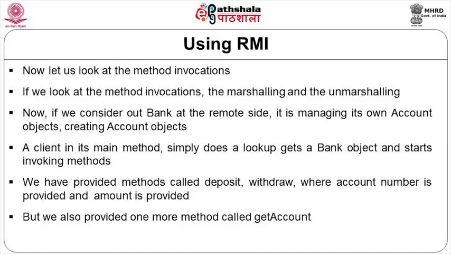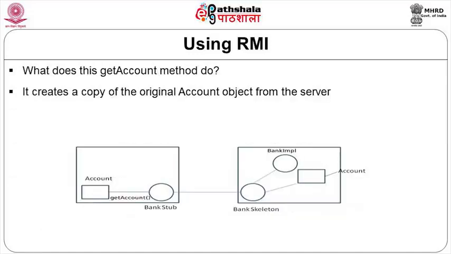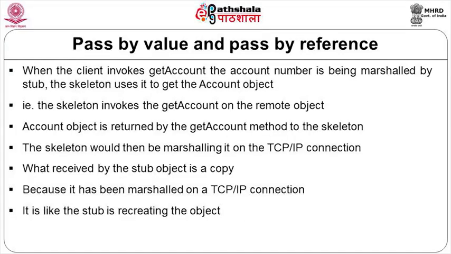Now what would happen here? What does this getAccount method do? If I use the getAccount method, giving an account number, here it's being marshaled, the account number is passed from the stub to the skeleton, which uses it to get the account object. Then it marshals the account object back. The Account object is what is returned by the getAccount method to the skeleton.